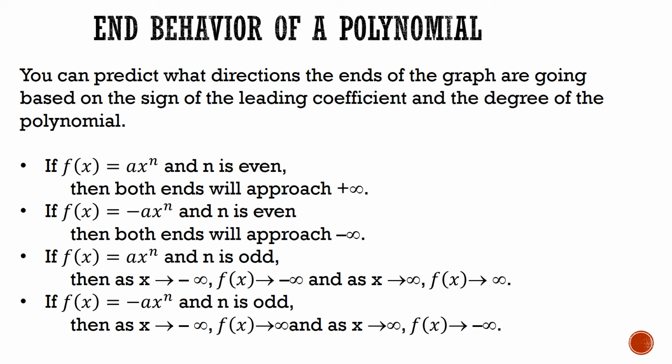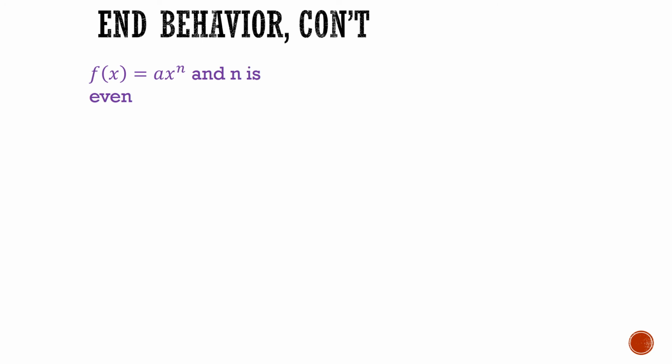So n being even means that both ends are going to approach the same infinity, whether positive or negative. Whereas if n is odd, then one side will approach negative infinity and the other side will approach positive infinity. And whether a is positive or negative will determine whether those two are correlated or not. So like I said before, don't copy down this slide. The next slide is more intuitive, and we'll pop to that now.